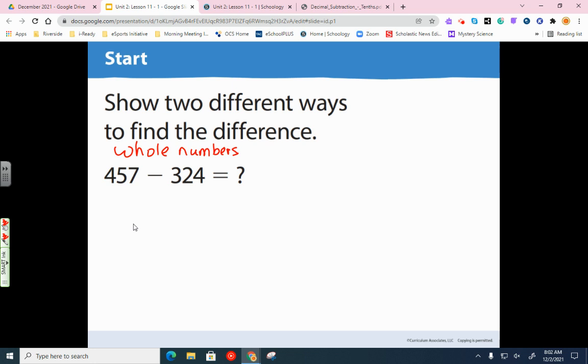So for this, let's just set it up. If you've got your subtraction problem horizontally like this, the first number has to go on top. So 457, because that's 457 take away or minus 324. So that has to look like this vertically.